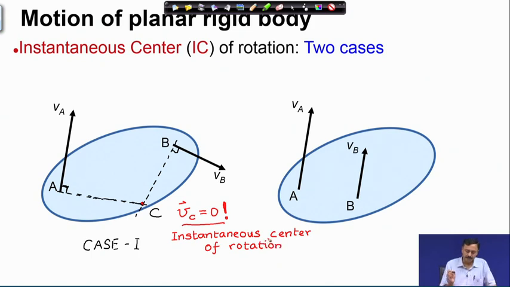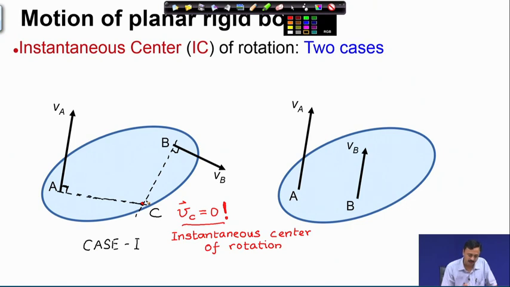This is the instantaneous center of rotation. So, the idea is that at this instant with this velocity distribution, that means velocity of point A given by V a and velocity of point B given by V b, and since these two velocities are specified, velocity of any other point is actually specified.